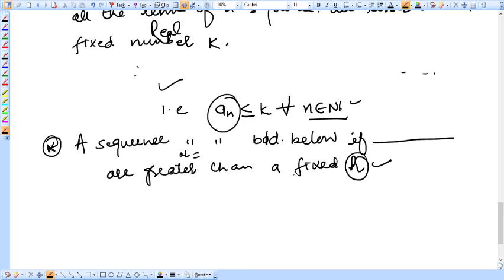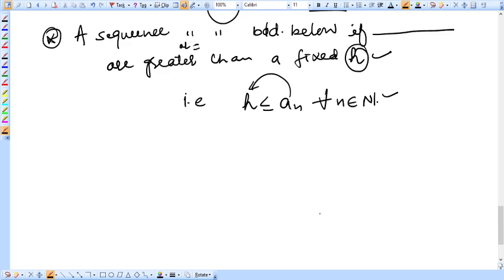That is, an is greater than or equal to h for all n belonging to natural numbers. ठीक है, सारी टर्म्स a1, a2, a3 are greater than or equal to h.